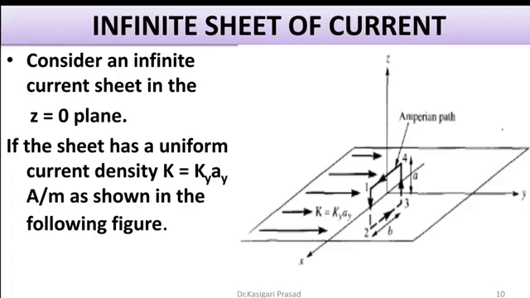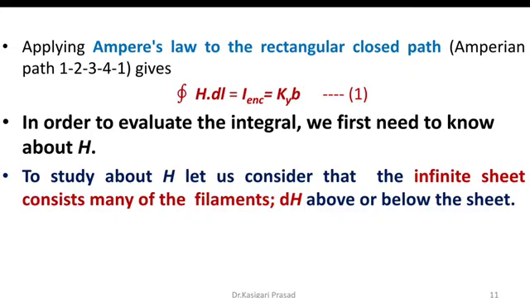The path goes from top to bottom, bottom left to bottom right, bottom right to top right, and top right to top left, creating a closed path. This is the direction of the current flow. Now applying Ampere's law to this rectangular closed path 1, 2, 3, 4, 1: what is Ampere's law?